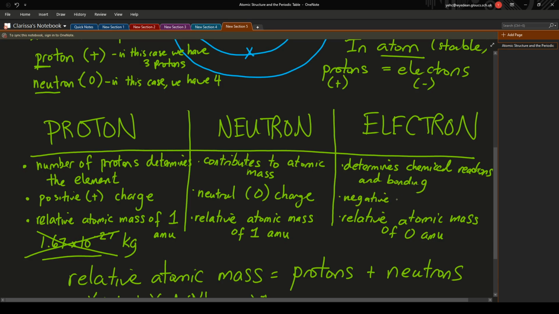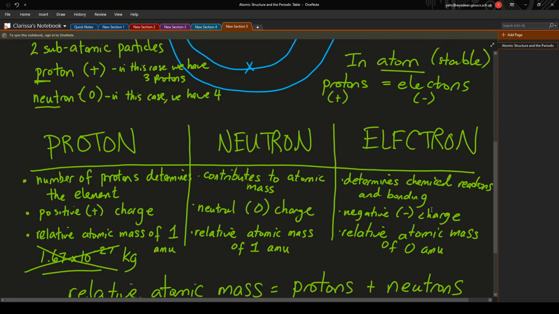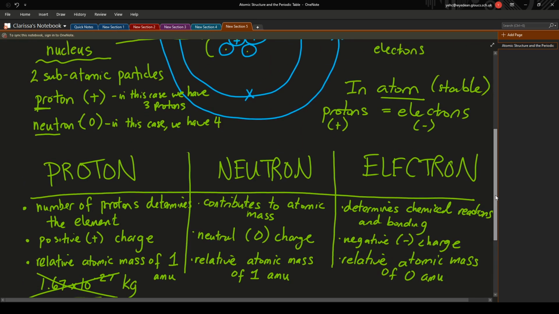Negative, minus charge. This is how I remember what the electron does. Sorry, my microphone cut off there. This is how I memorize what the electron does.